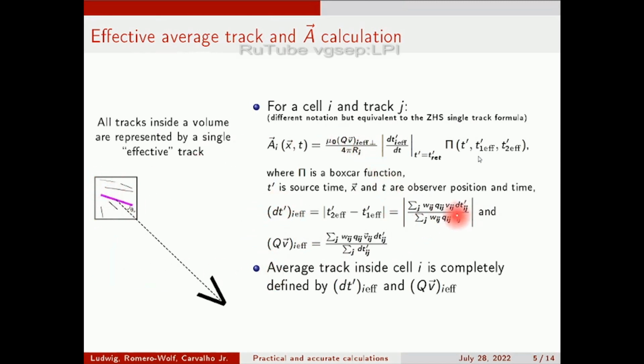So it's basically an average of the timing of the tracks inside the volume and information about the direction and the speed of the tracks inside that volume.